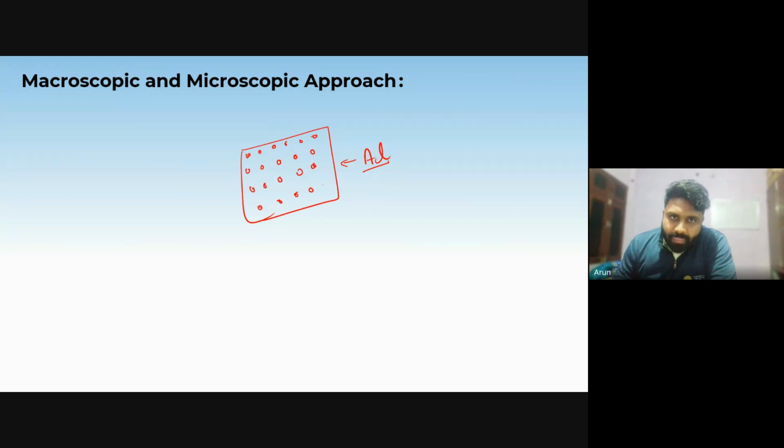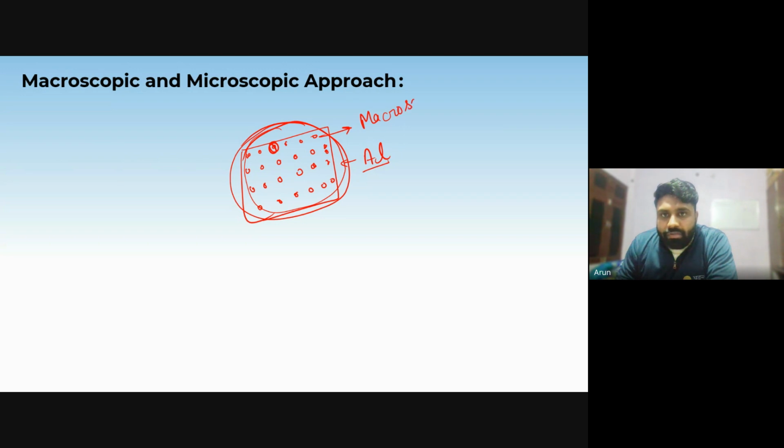If you do not consider the individual atom and you are interested in the complete set of these atoms, and you study the motion of these atoms, the temperature of this system, that is the macroscopic approach. When you analyze the system as a whole, not on an individual basis.